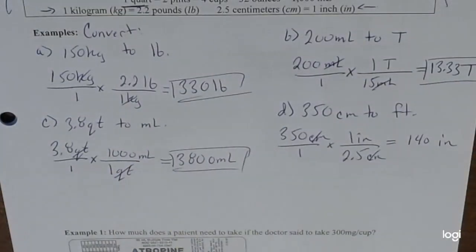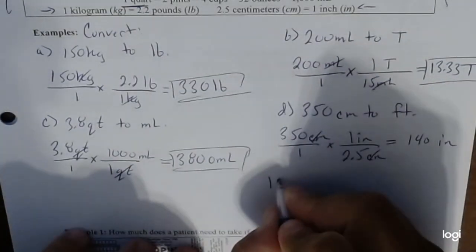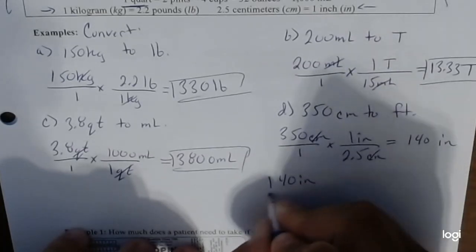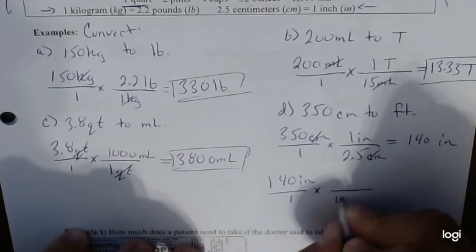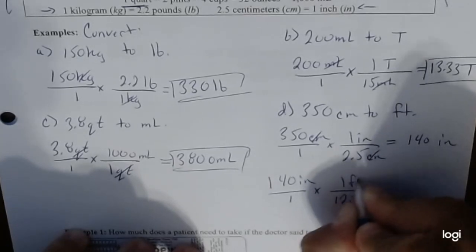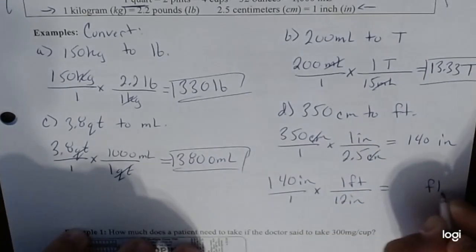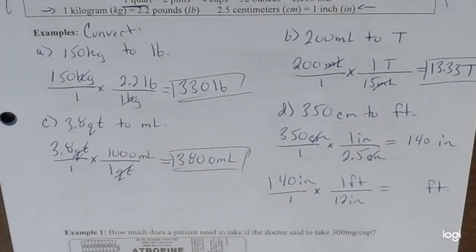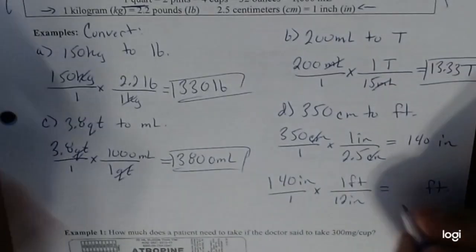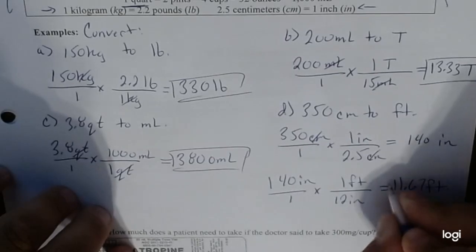Now we want to go to feet from here. We know that conversion from the last chapters: for every 12 inches, there's 1 foot. So finally, we just divide by 12, which gives us a grand total of 11.67 feet.